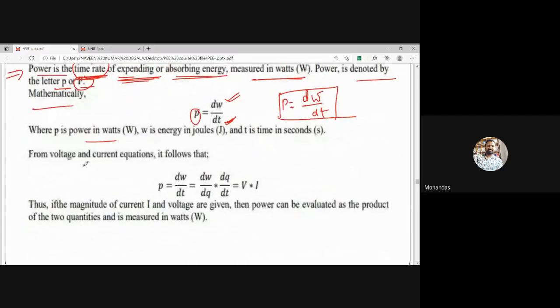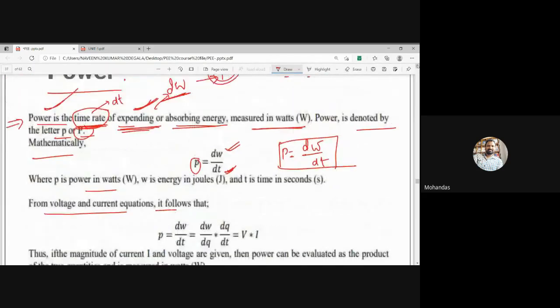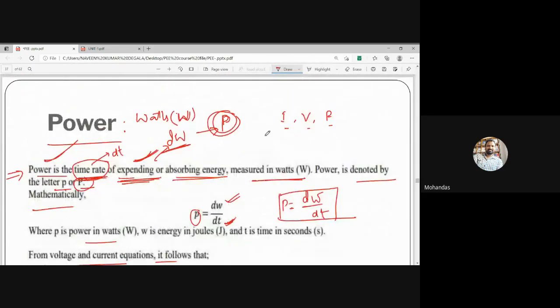Now, from the voltage and current equations, just now we have seen the two equations. What is the current equation? I equals, what is the first equation? dq by dt.